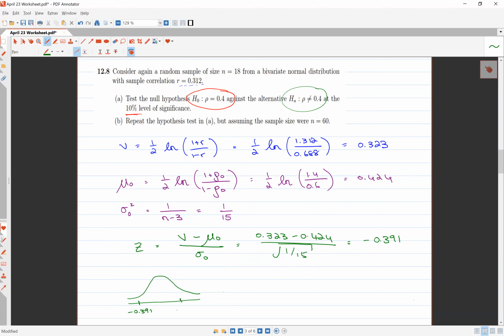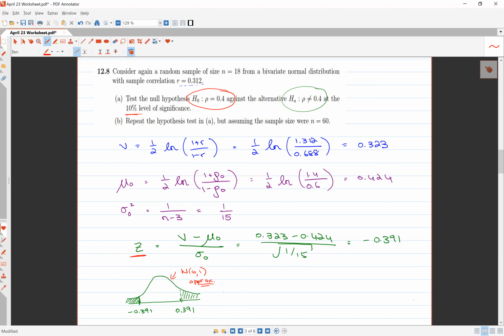We also have the positive equivalent of that, and two-sided test means our p-value is the area in both tails.